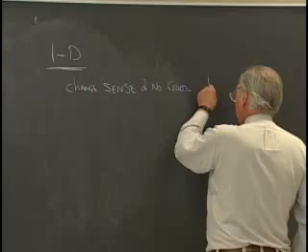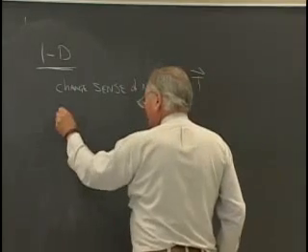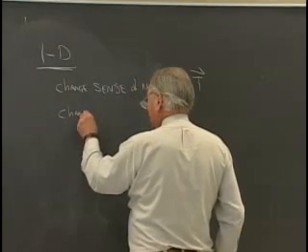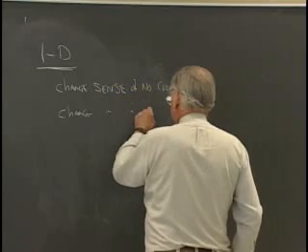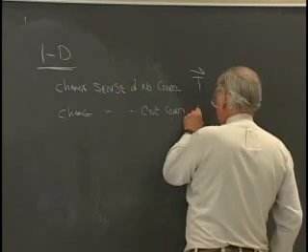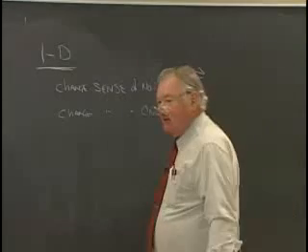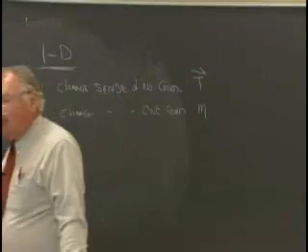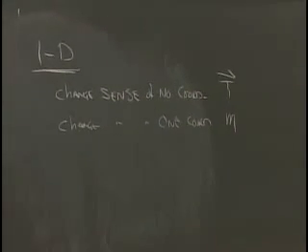And that's going to be the operation of translation. Or we can change the sense of one coordinate. And that's going to be the operation of reflection. No rotation in a one-dimensional space.